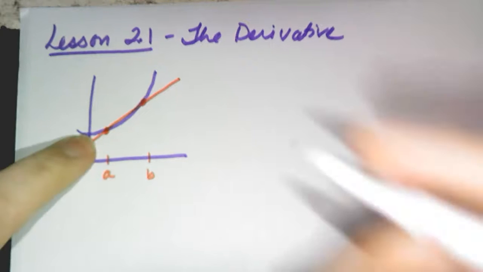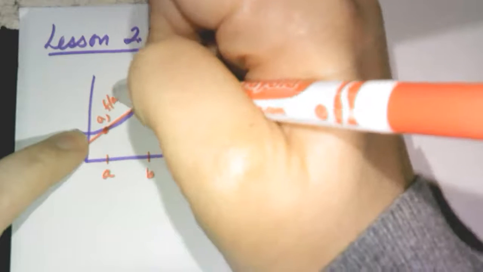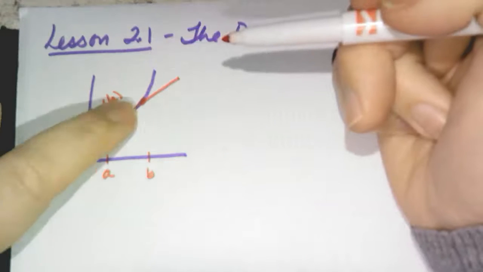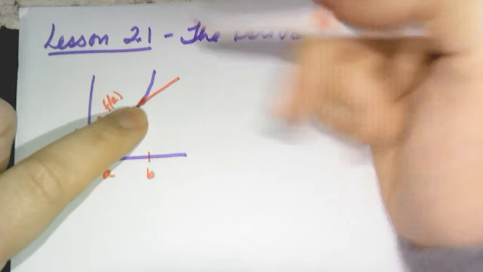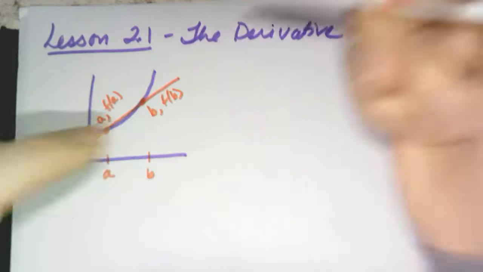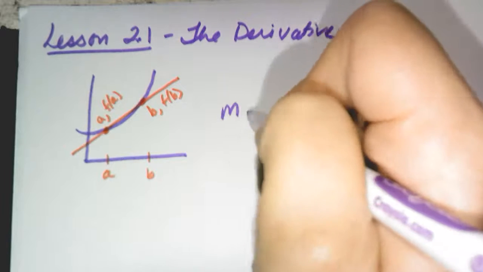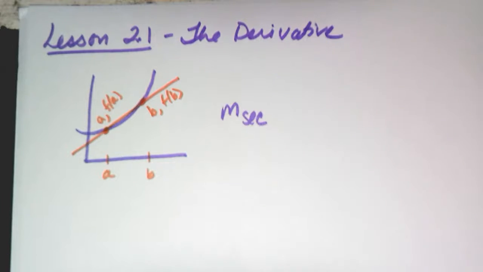And this point right here, we're going to call it A, comma, F of A, whereas this point right here, we're going to call it B, comma, F of B. And if I said to you, find the slope of that secant line for me, you would do what you've remembered how to do since Algebra 1, which is y2 minus y1 over x2 minus x1.